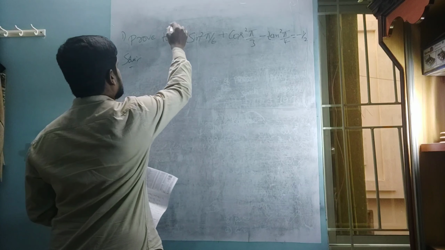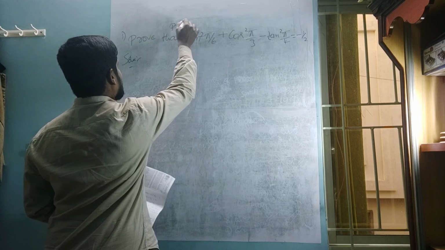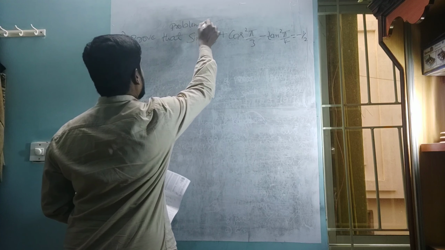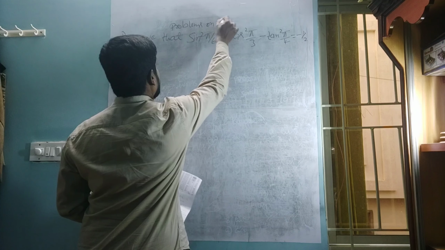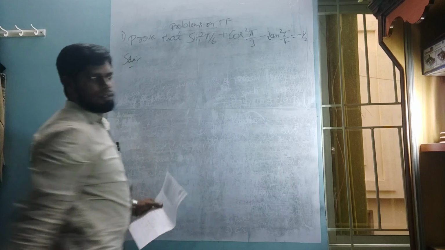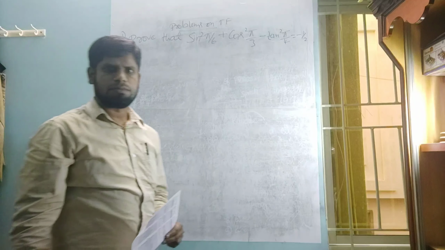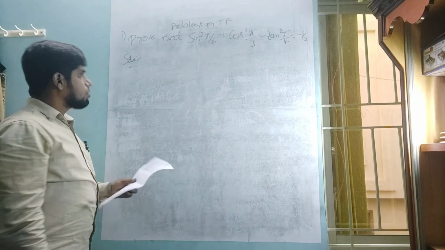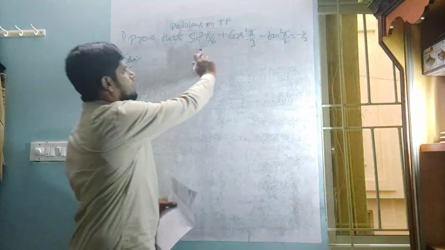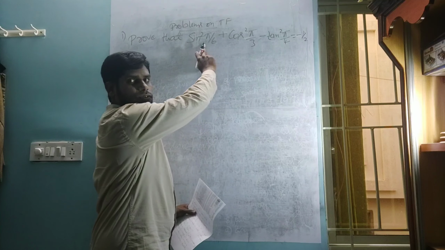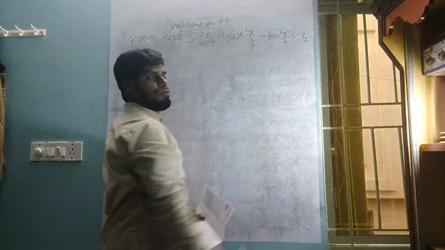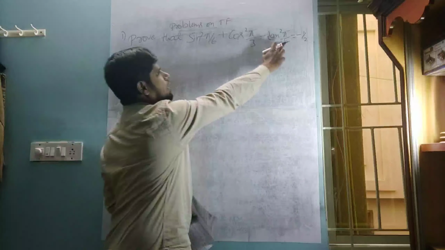Next, the solution. Problems on trigonometric functions. So students, here he has given 3 different functions: sine square, cos square, and tan square with 3 different angles.